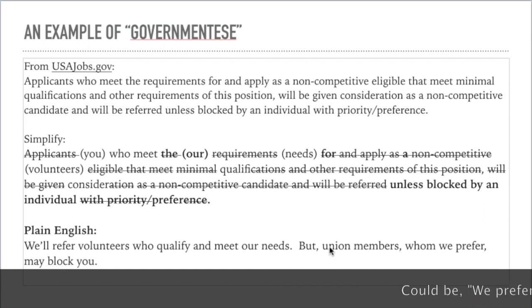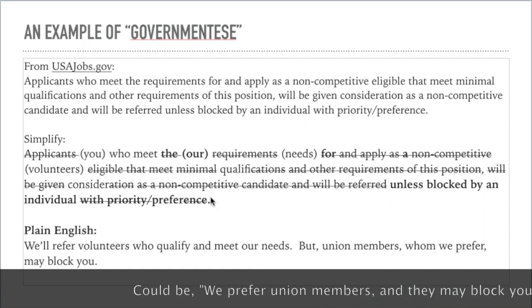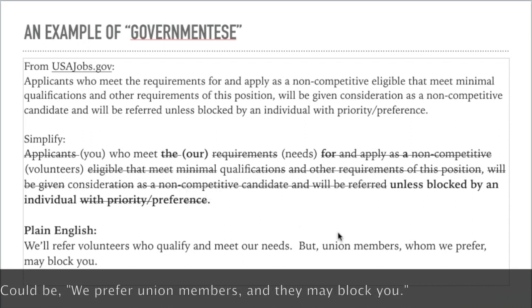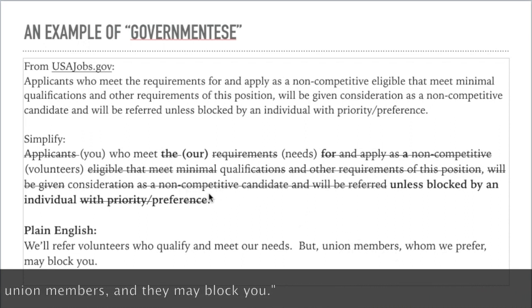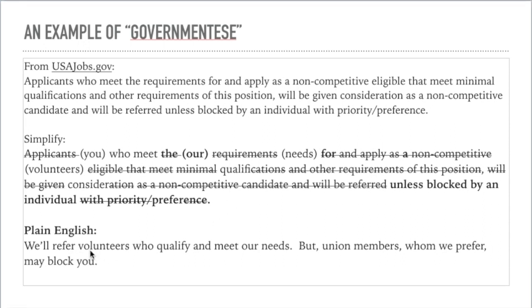Now, I found out by looking at what a competitive and a non-competitive employee is that a competitive employee is a union member, a non-competitive employee is a volunteer. But rather than saying that, they just use these other words and you have no idea what they really mean, right? But now it says, we'll refer volunteers who qualify and meet our needs, but union members whom we prefer may block you. So that's just an example of writing in plain English.